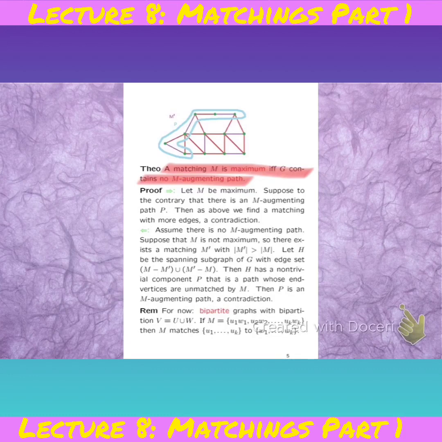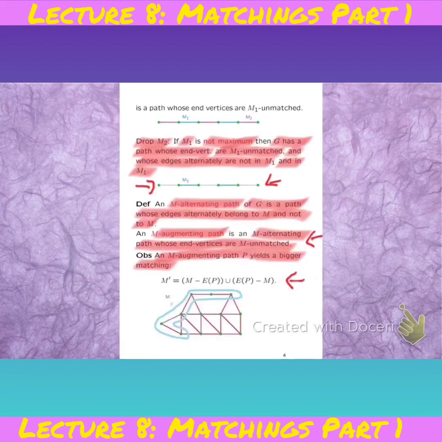So let's assume M is maximum, and let's suppose to the contrary that there is an M augmenting path P. Well, then as above, we can find a matching with more edges, which is a contradiction. And what is that matching? It is the one that we described here, where you take the matching M and subtract all the M edges that lie on that augmenting path.